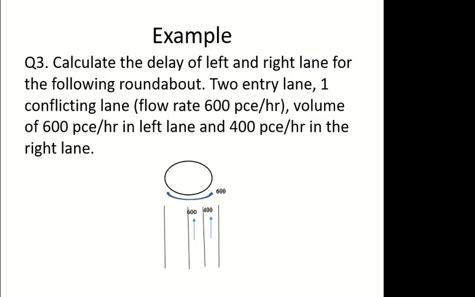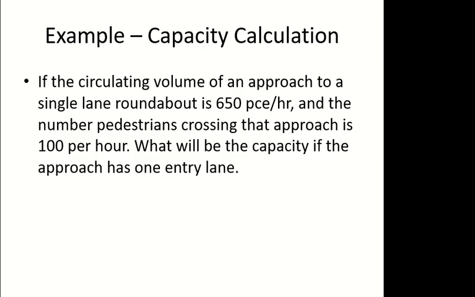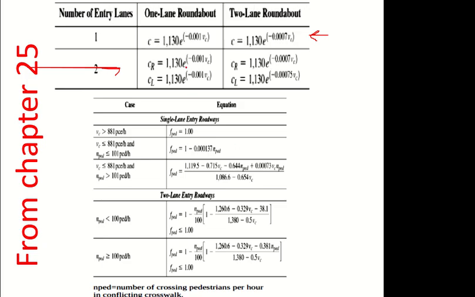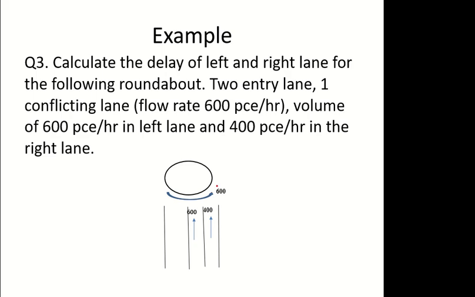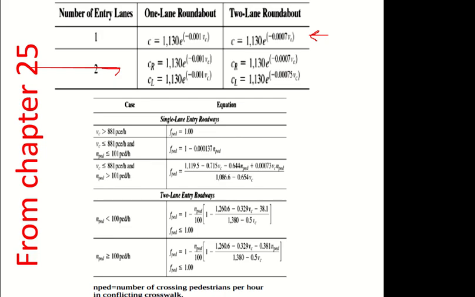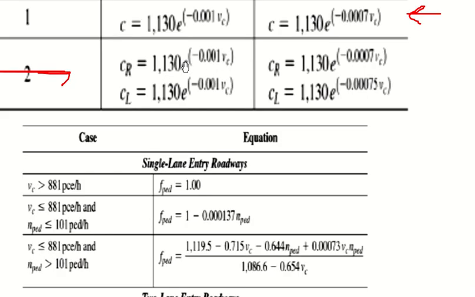because each one has a different volume. We'll start with the calculation of capacity first. I remember my circulating volume VC is 600. So single lane roundabout, two-lane road. So I'm here, and you can see both equations are the same. That means if you have a single lane roundabout, then the capacity of both lanes of the road is the same. So tell me now, what is the capacity here for both the lanes?